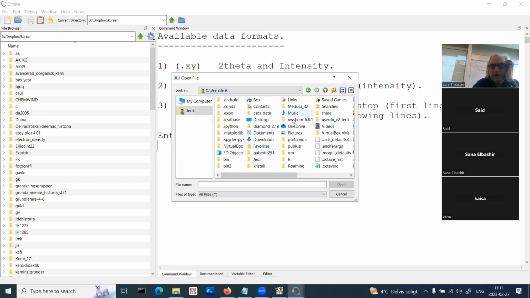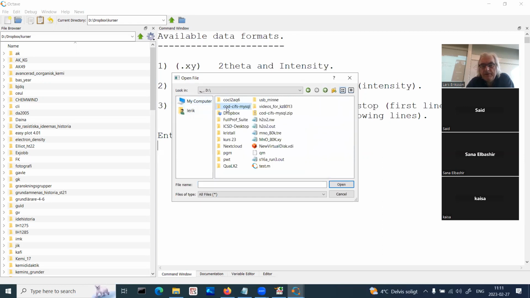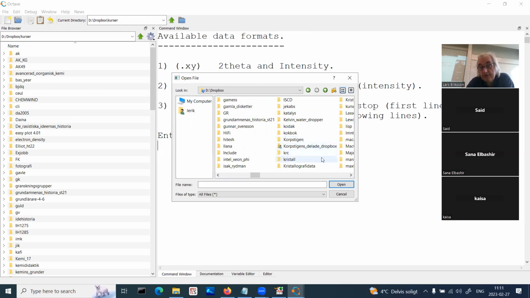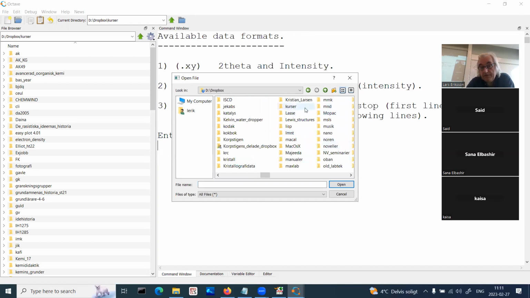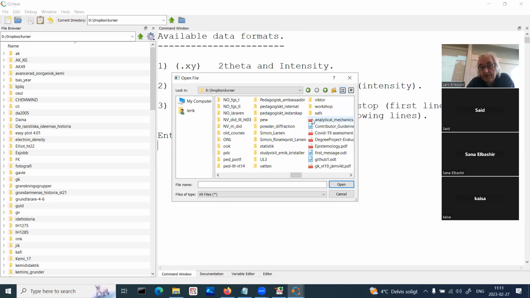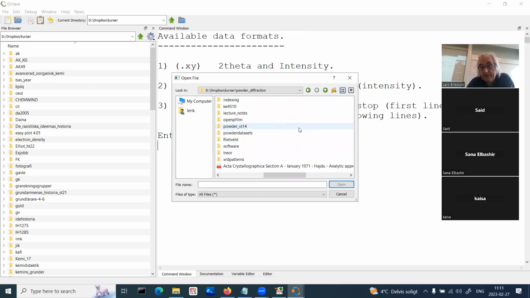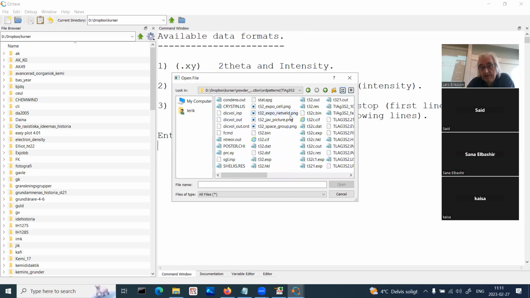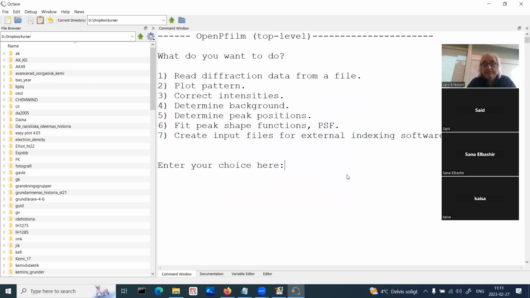I have it also locally on my computer, so my computer on D, and on courses, powder diffraction, XRD patterns, T, and that one it was, yes.